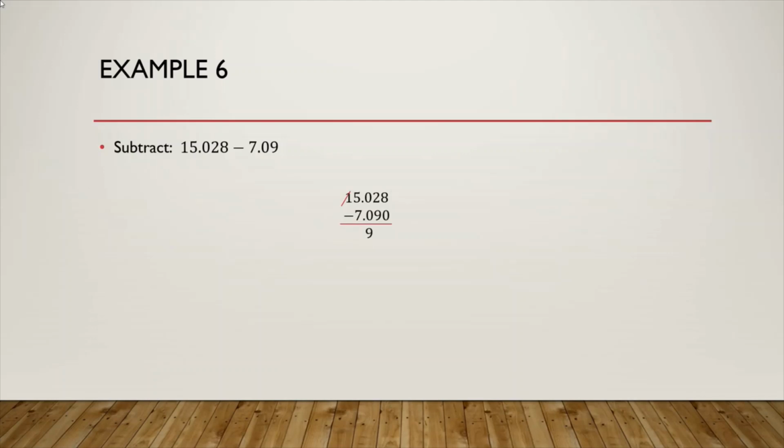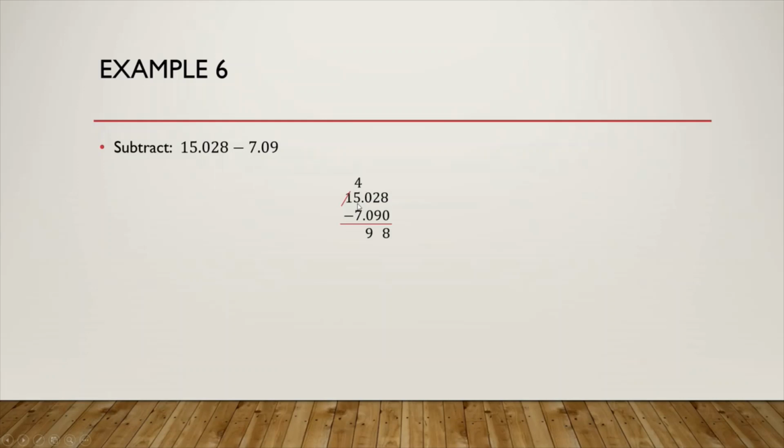All right, so you have 8 minus 0, which is 8. Now you have 2 minus 9, you're going to have to borrow or regroup. So you look at the next place value to the left, nothing's there.